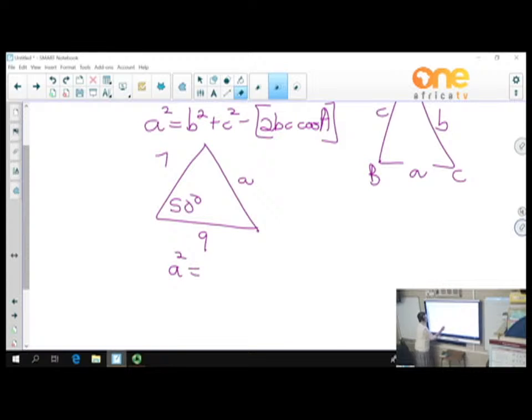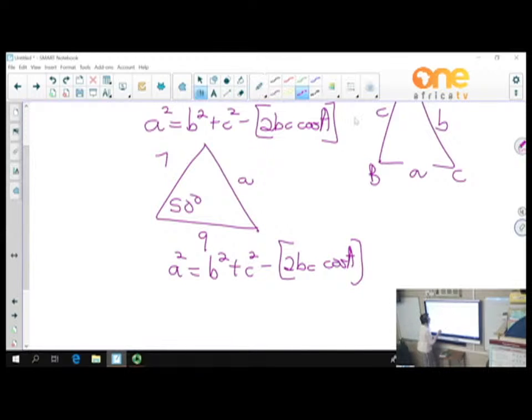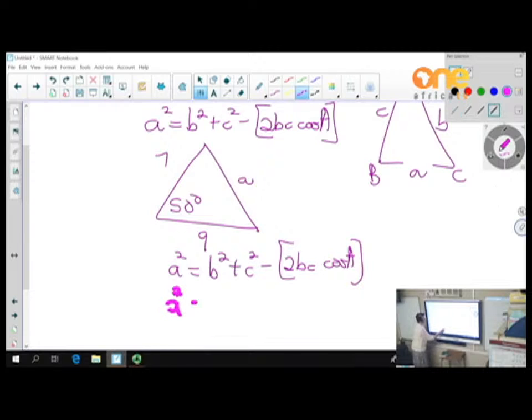So this is what I'm going to do. A squared is equal to b squared plus c squared minus 2bc cosine A. In the next step, I'm just going to substitute now. A squared, this is what you want to calculate.